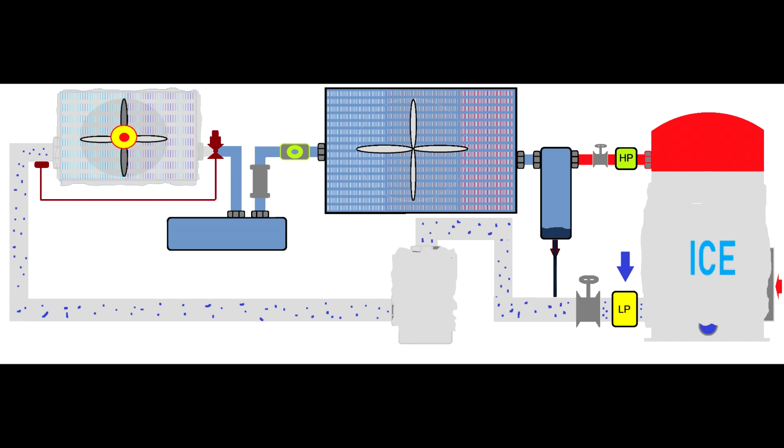Icing up will destroy the evaporator fan motor, because the evaporator fan motor cools itself with the air which passes by. That can happen because your evaporator is dirty, or you didn't apply the correct defrost, or the environment where that heat exchanger is running is very humid.